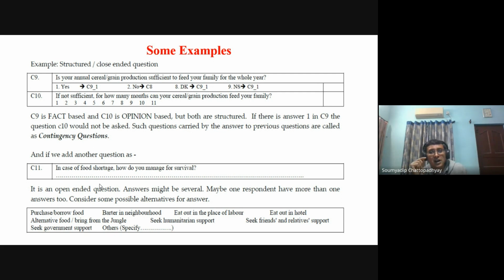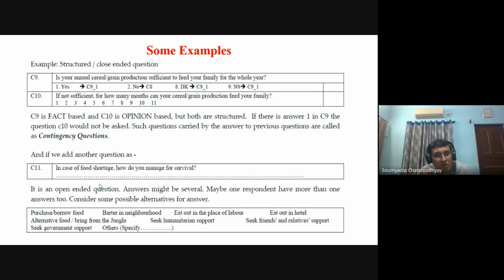If there is answer 1 in C9, the question C10 would not be asked, obviously, because if someone says that the annual cereal or grain production is sufficient to feed his or her family for the whole year, then definitely he or she is not asked question C10. So this is how generally we can think of a structured question, which is at the same time fact based, and the other one is opinion based.